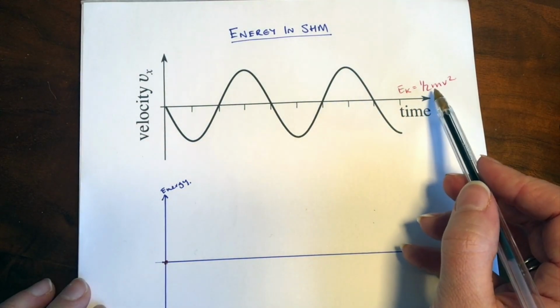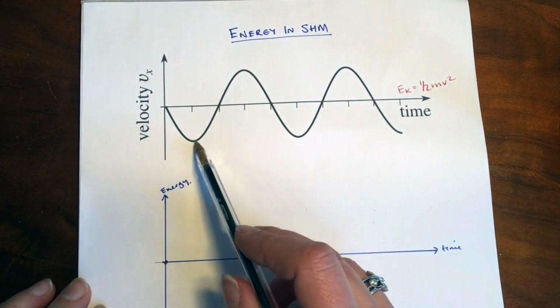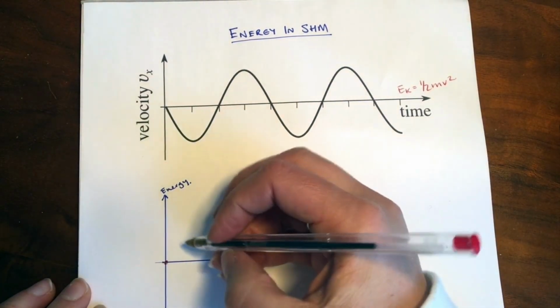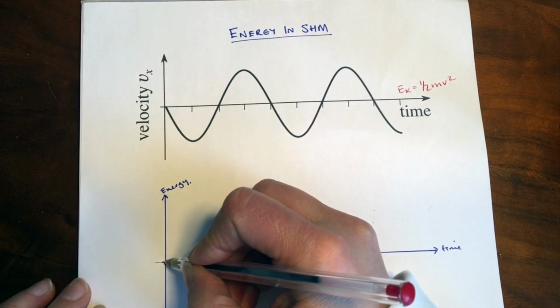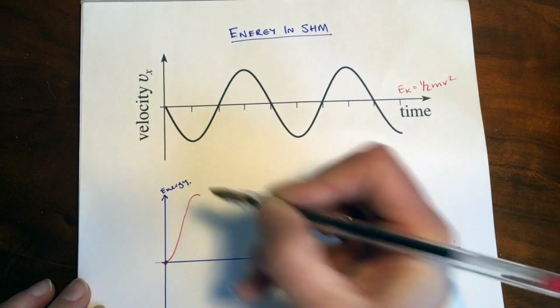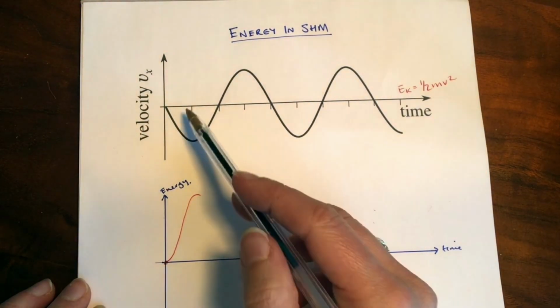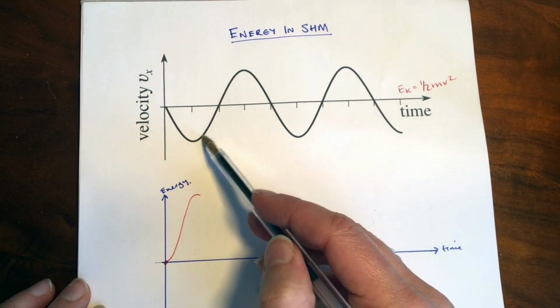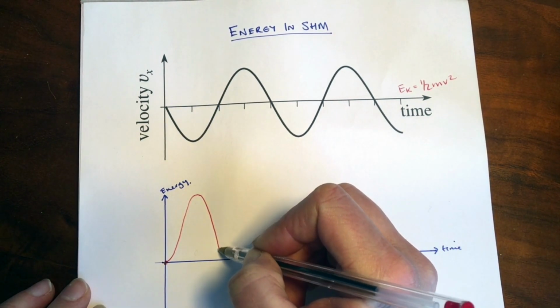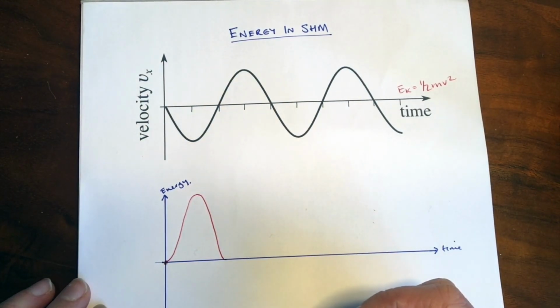And it's reliant on v squared. So if the velocity is quite small, this value is going to be much, much greater. So we're going to start off our energy like this. And we can see that the velocity of the object goes back down to 0, which means our kinetic energy is going to go back down to 0 at that stage.